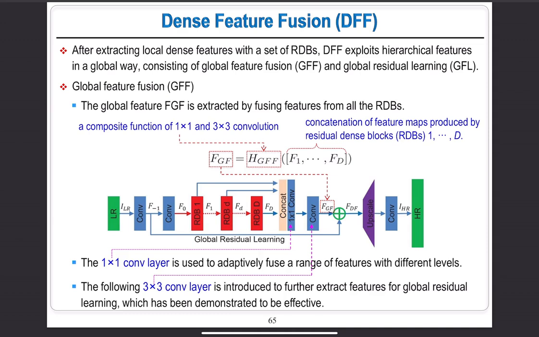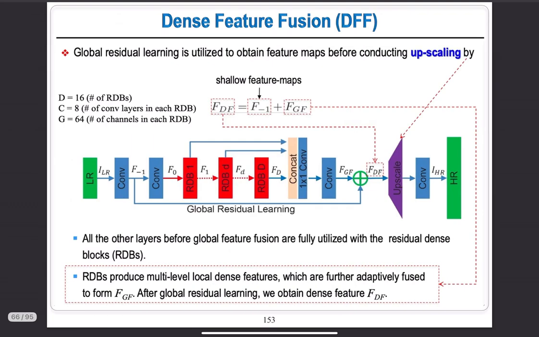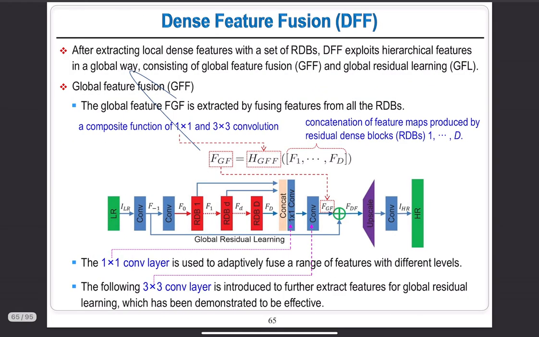And after extracting the essential features from all of the RDBs, RDN applies Global Feature Fusion, GFF, and Global Residual Learning, GRL. GFF combines multi-level features, as shown here: global multi-level features from each RDB using 1x1 convolution and 3x3 convolution.